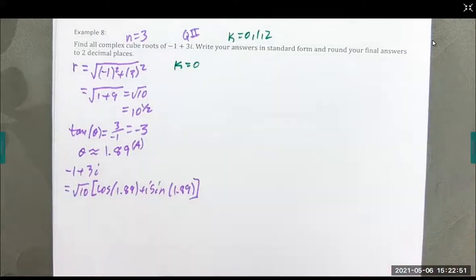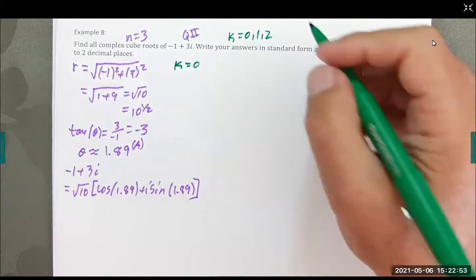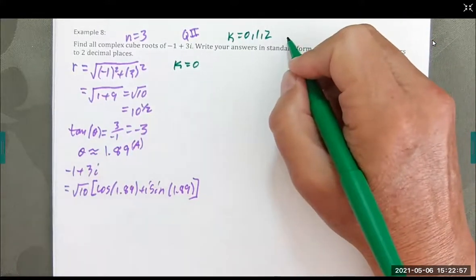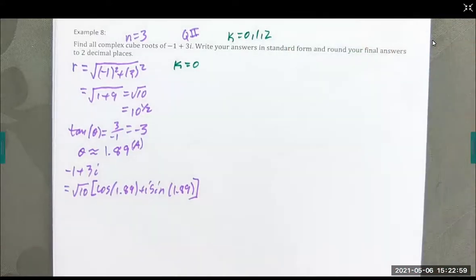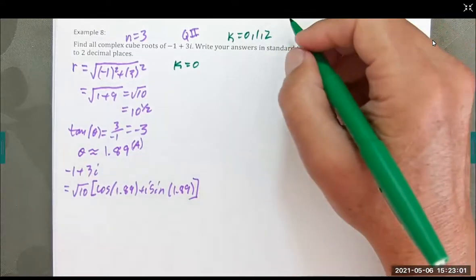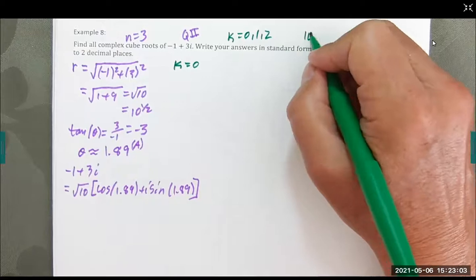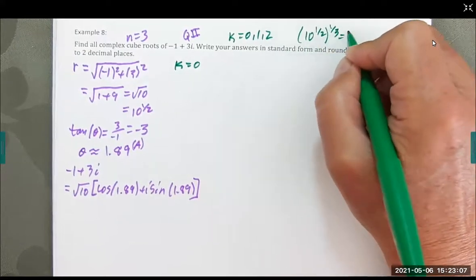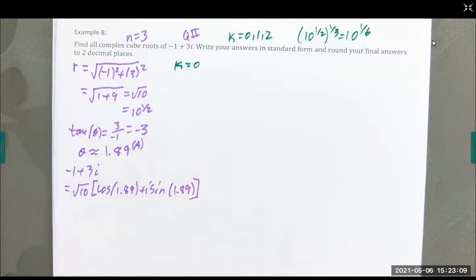Now, I want to also make it clear that root 10 is going to have the cube root taken to it. So 10 to the 1/2 raised to the 1/3 is 10 to the 1/6. So that's going to be my r for all 3 of my answers here.